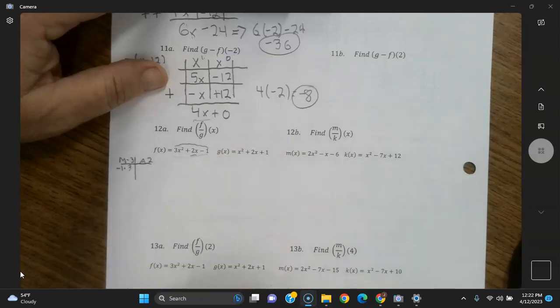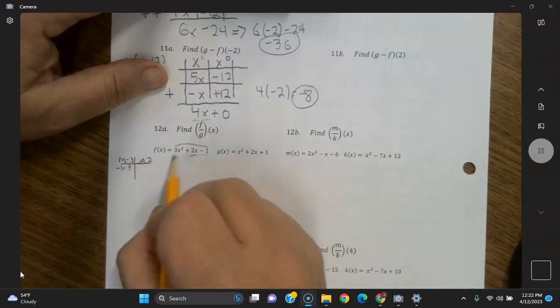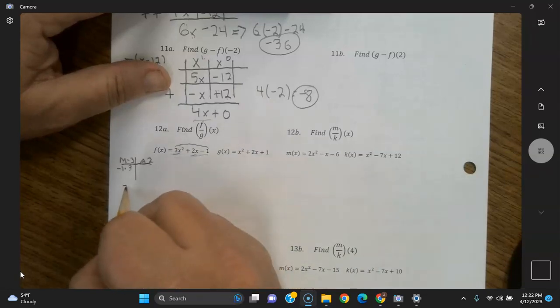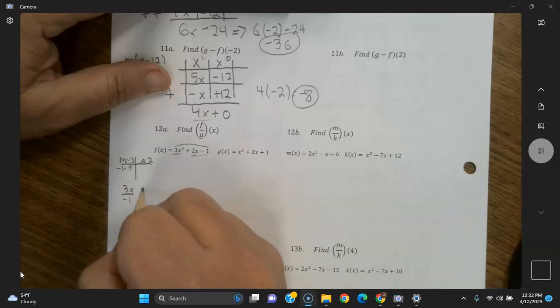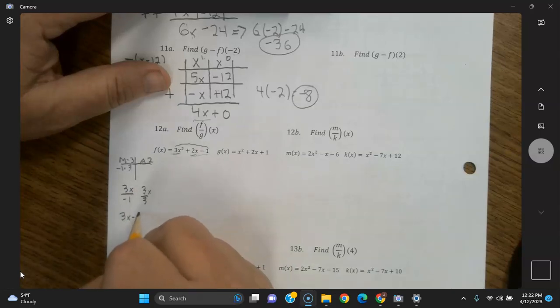All right, you'll eventually come up with that. So that's going to add to 2. And then notice we have a coefficient that's not a 1. So we're going to write 3x over negative 1 and 3x over 3. All right, this one doesn't reduce, so it's simply going to be 3x minus 1.